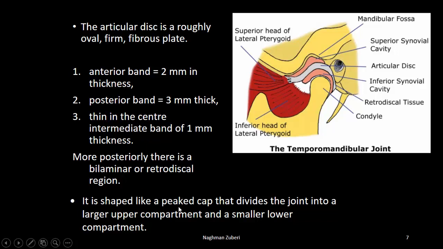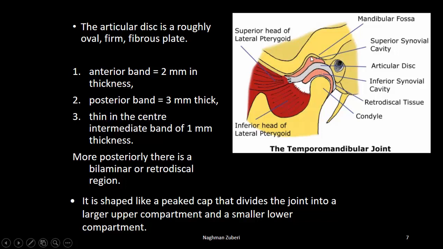It is shaped like a peaked cap that divides the joint into two compartments, the upper compartment and lower compartment. Upper compartment is slightly larger as compared to the lower compartment. Here we can see both the compartments or cavities, the superior synovial cavity and the inferior synovial cavity.